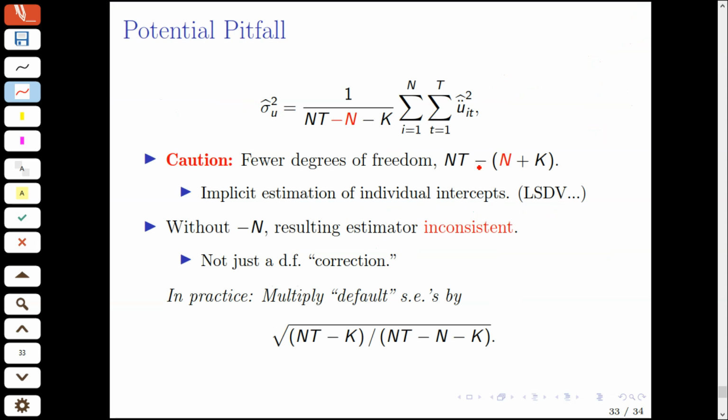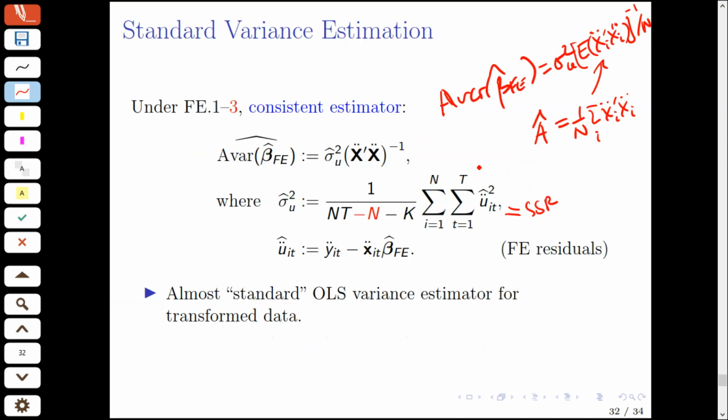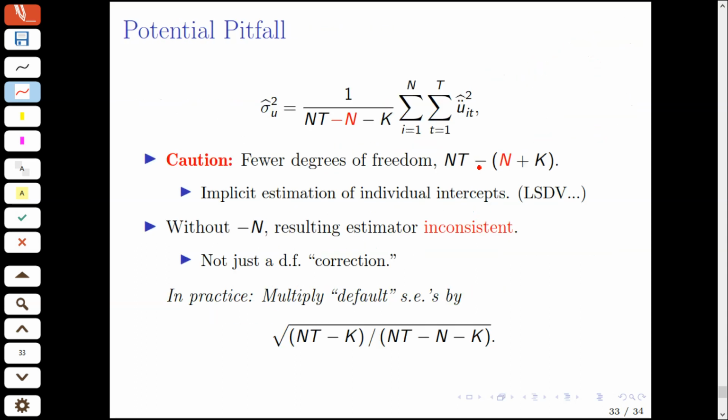However, there is a potential pitfall here. Namely, as you may see from the highlighting done here, we are subtracting more inside the denominator than our usual k degrees of freedom correction. In fact, we're subtracting n as well. So there are fewer degrees of freedom.